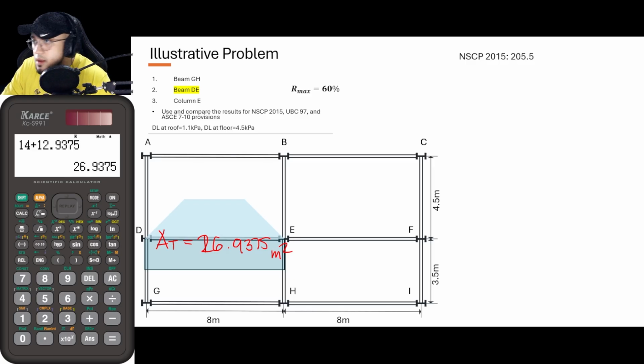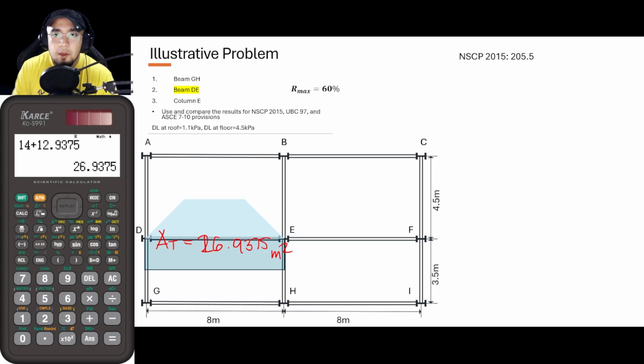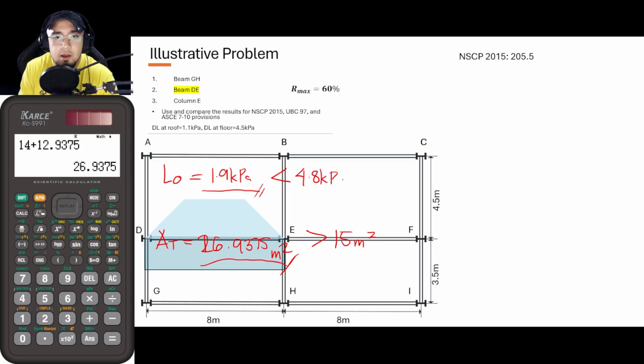Since this area is greater than 15 square meters, and the live load that we will be using for the floor area, the unreduced live load, is equal to 1.9 kilopascal, and this live load is less than 4.8 kilopascals, and its tributary area is greater than 15 square meters, it means that we could actually reduce this particular live load.